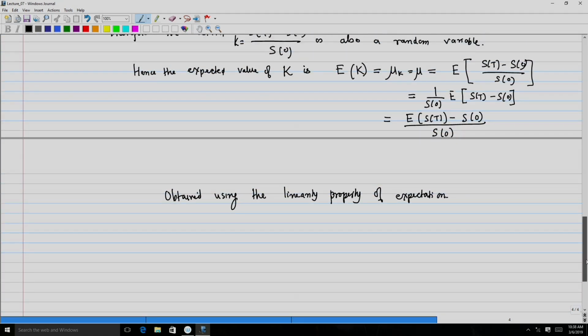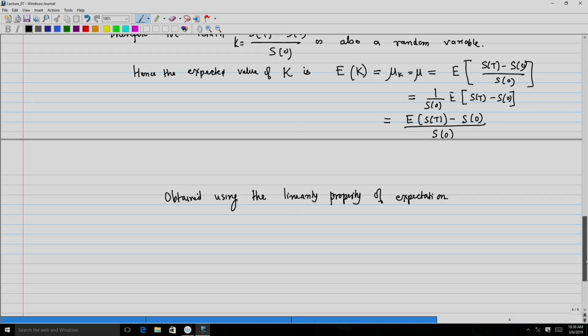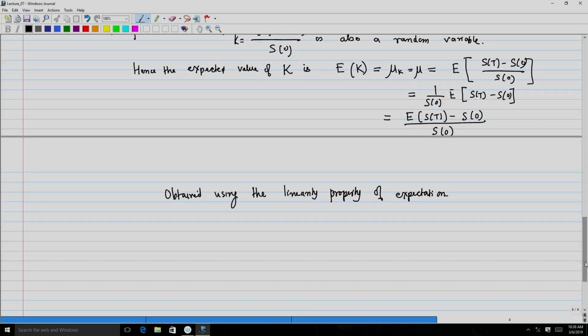So, you look here that the expected value of the returns is going to be the expected value of S of t minus S0 over S0. So, this can be rewritten as follows.